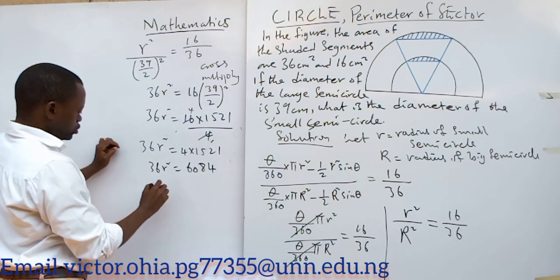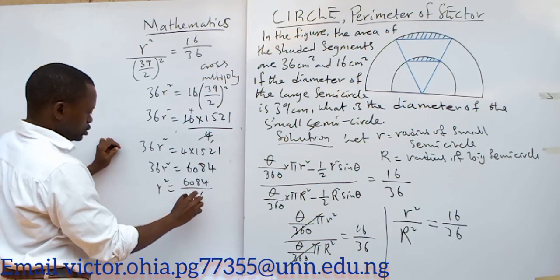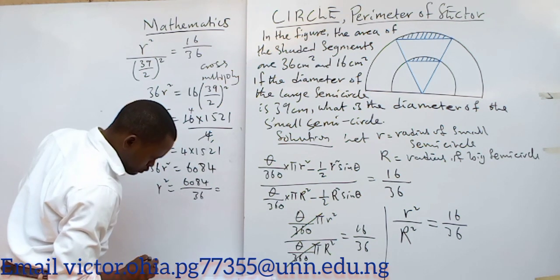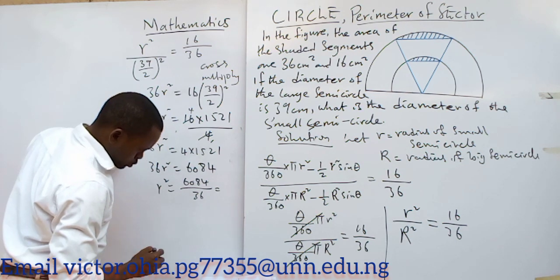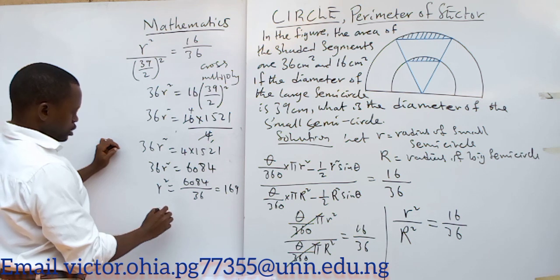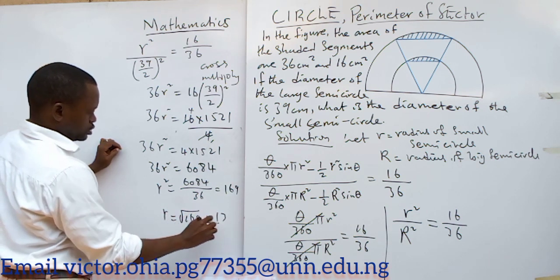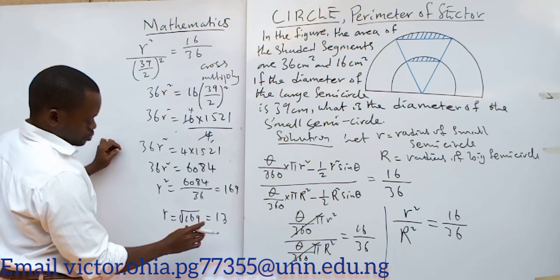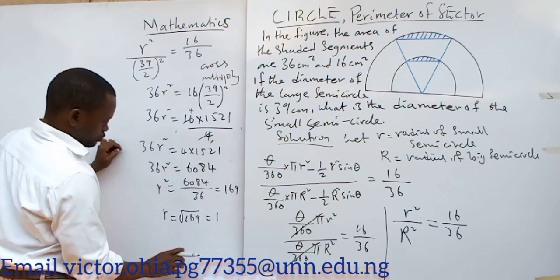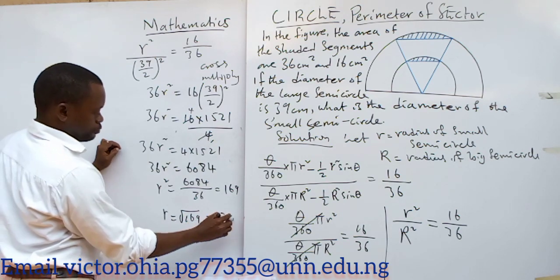So r squared equals 6084 over 36, and that will give us 169. So we have r equals the square root of 169, and that is 13. So do you see that the radius of the small semicircle is 13 cm?